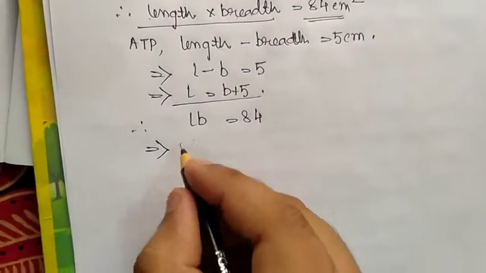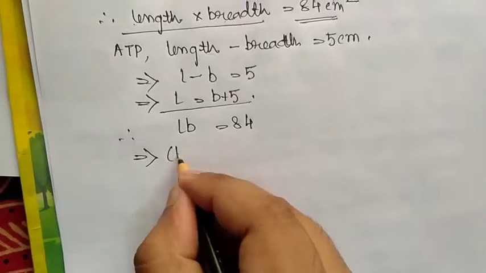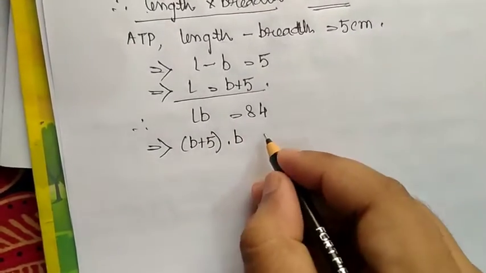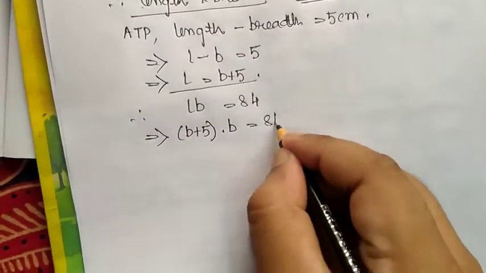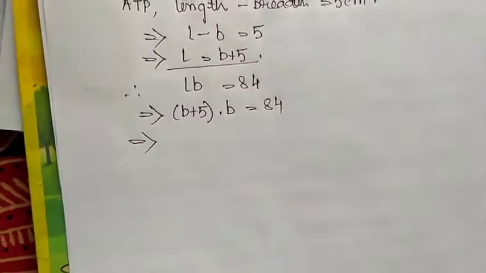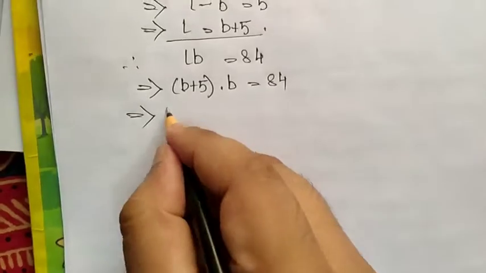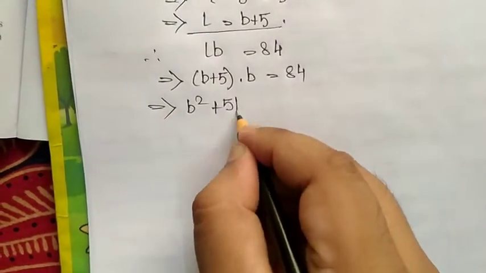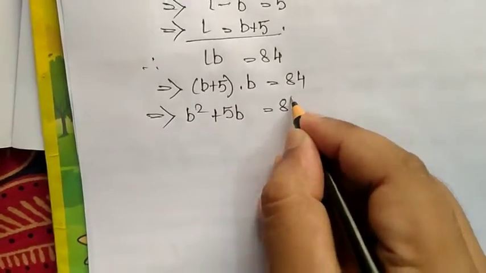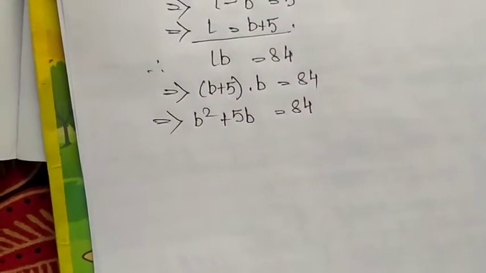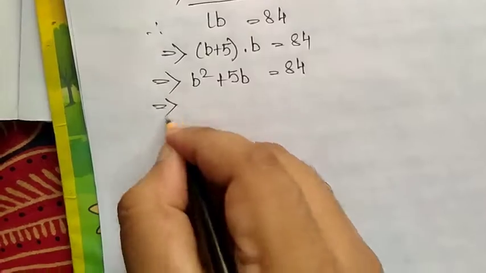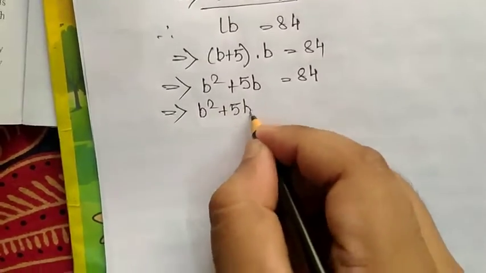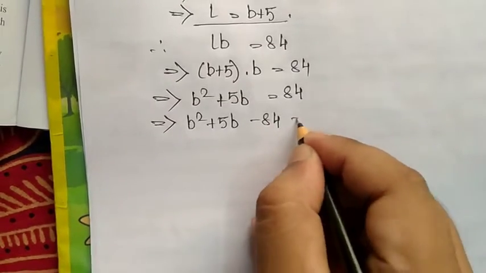So B plus 5 into B equal to 84. Opening those brackets, B into B, B square, plus 5 into B, 5B equal to 84. So B square plus 5B minus 84 equal to 0.